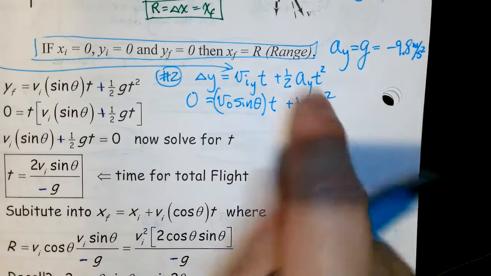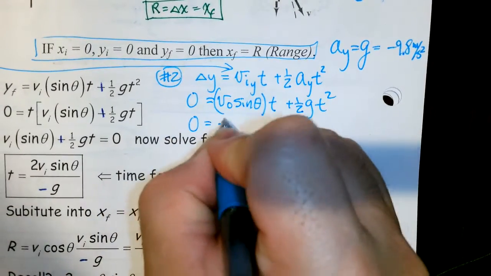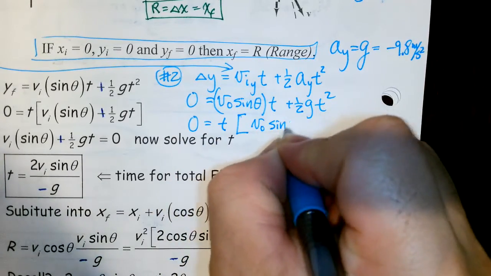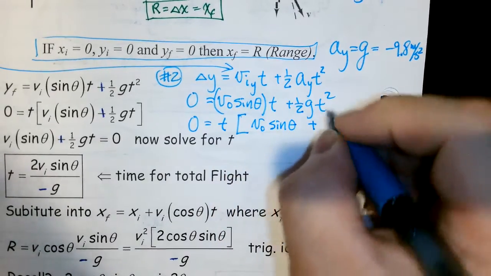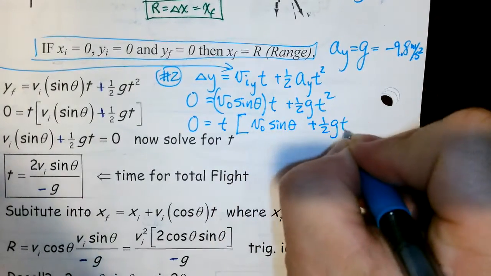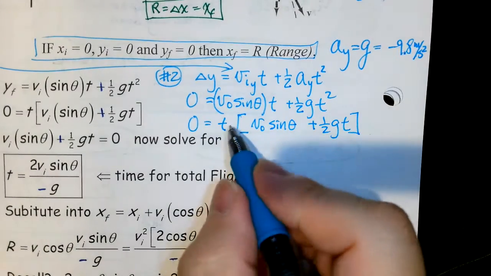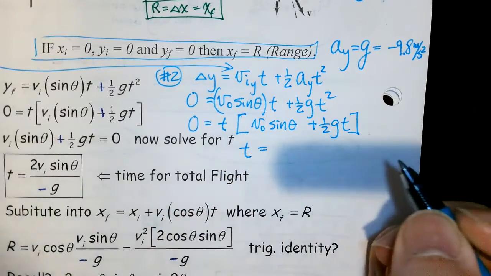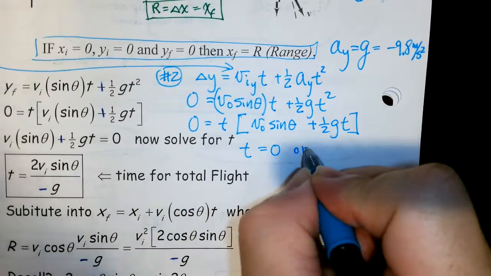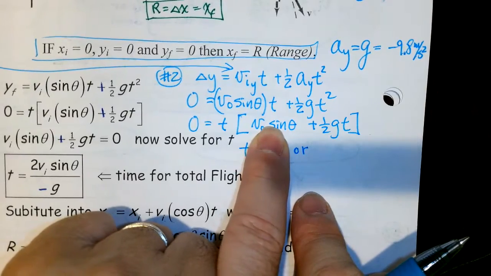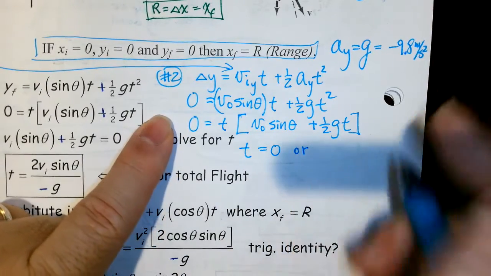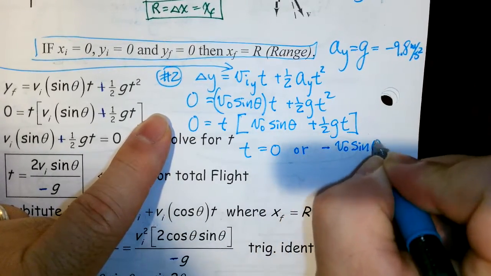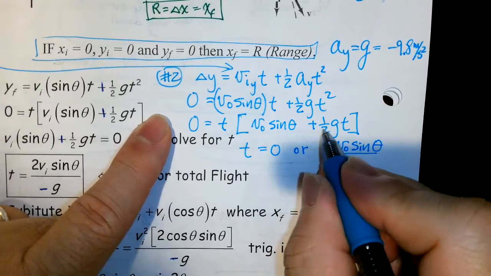I'm going to factor out the time t, just like we did before. Then I get V naught sine theta plus 1/2 g t. You know the time has to go either 0 or t is equal to, bring this to the other side of the equal sign, and you get negative V naught sine theta over 1/2 g.